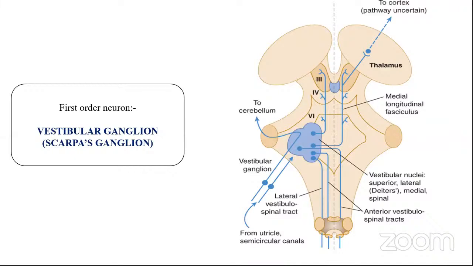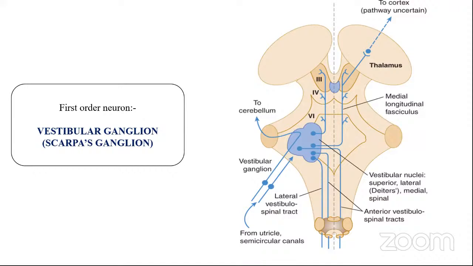You can see it represented as a blue bubble. You can see the vestibular ganglion, and the vestibular nuclei: superior, lateral, medial, and spinal.